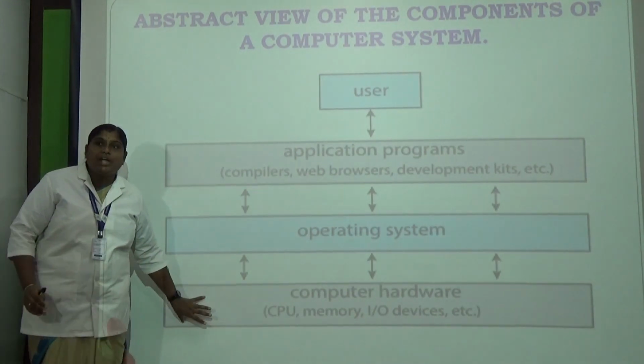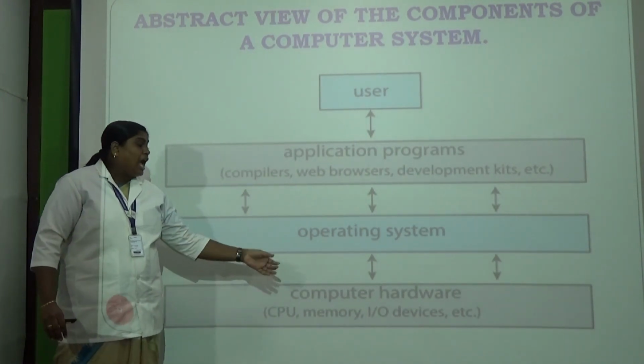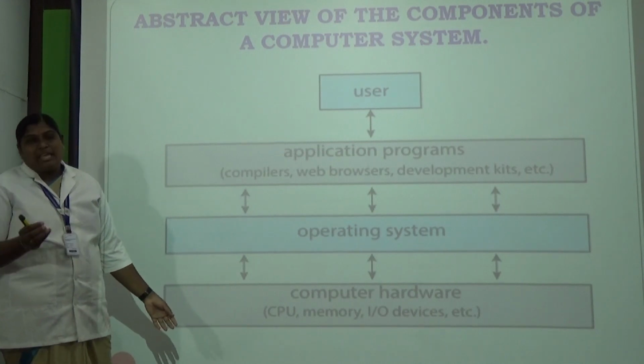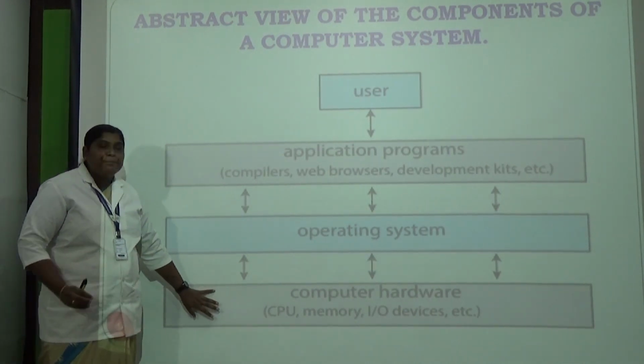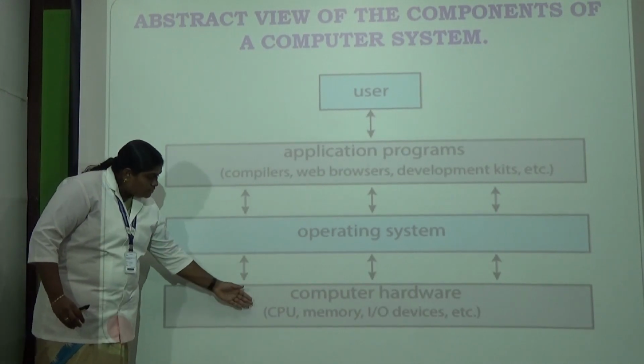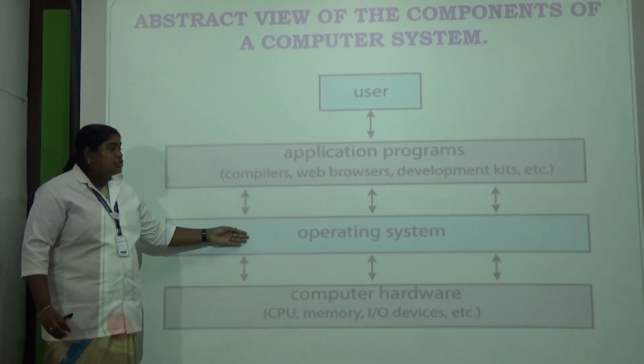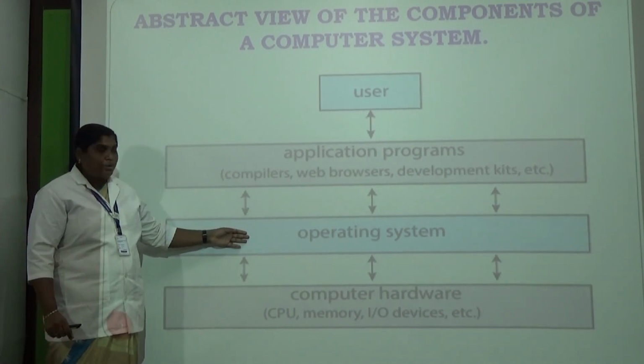First is the computer hardware, which includes the CPU, memory, and I/O devices like mouse, keyboard, etc. All are considered computer hardware. To make all the resources utilized, we use the operating system, which always runs as a kernel program.